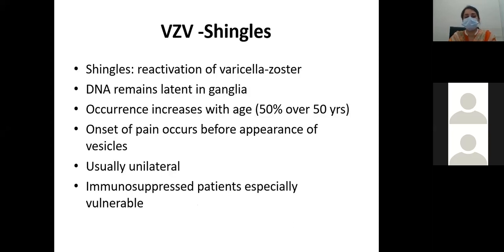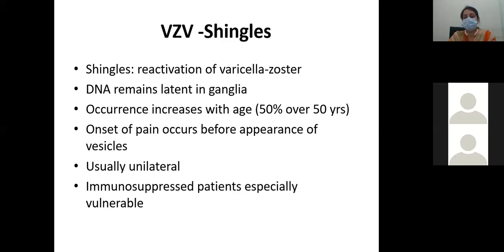Okay, then there is shingles. What is shingles? This is reactivation of varicella zoster. The DNA remains latent in ganglia, and the occurrence increases with age, like 50% over 50 years of age, and the onset of pain occurs before the appearance of the vesicles.